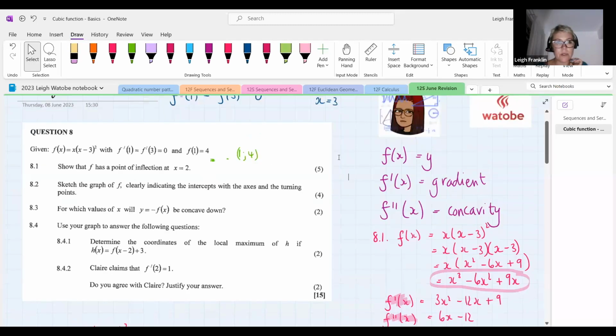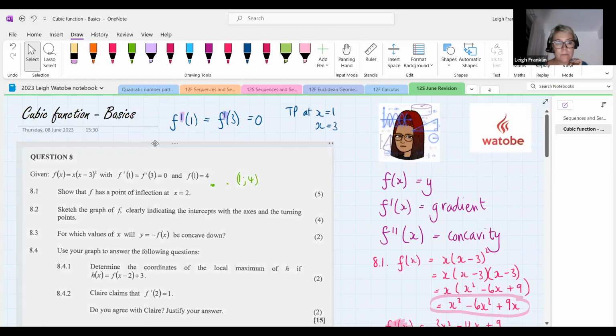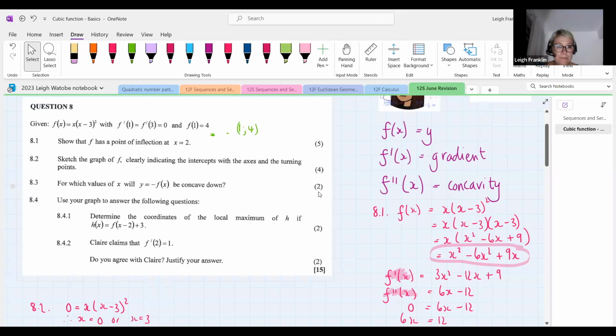It's not going to move up or down. If you are finished with 8.1 and 8.2, you're welcome to try 8.3 and 8.4. You don't have to wait for us. I'm going to show you my answers to 8.1 and 8.2 now.